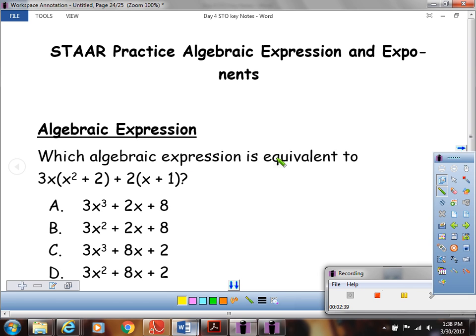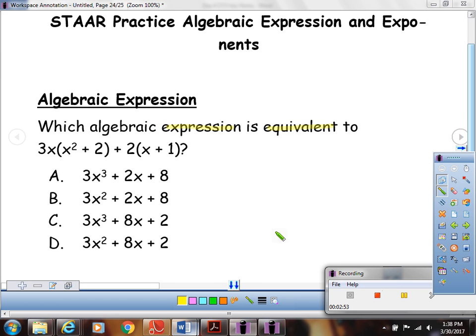Equivalent. Equivalent, and what else? Expression. So when you see those, you need to, in your mind, say, okay, I see expression equivalent, let me try the store option. And so that would be the first thing I'd want you to try. Now if it doesn't work, then you try graphing it. Try other options. But at least look for those keywords.